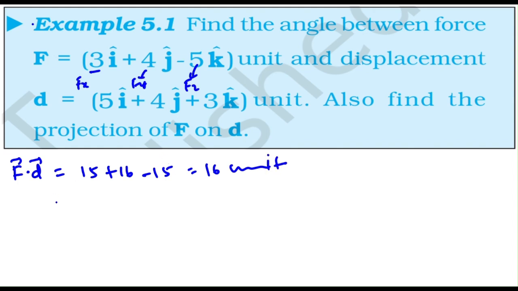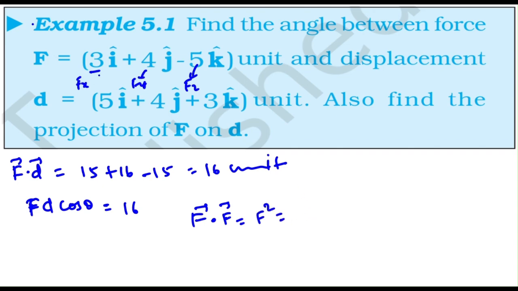Now we know that F dot D is also F D cos theta, where theta is the angle between the vector F and the vector D, and that angle we have to find out. This will be equal to 16 units. F we can find from here, as F dot F is F square, we already discussed.